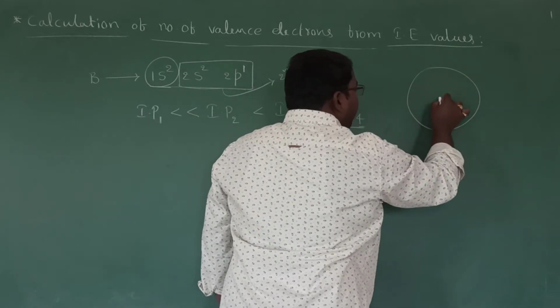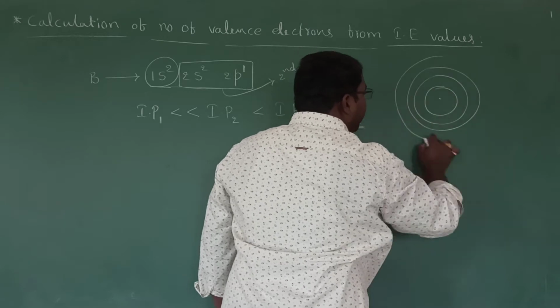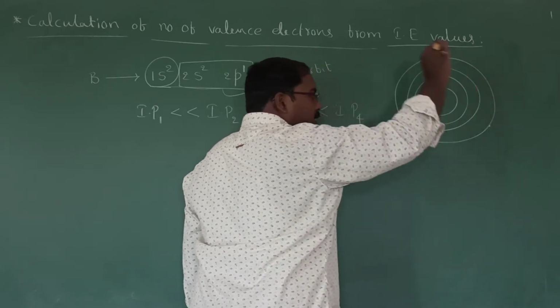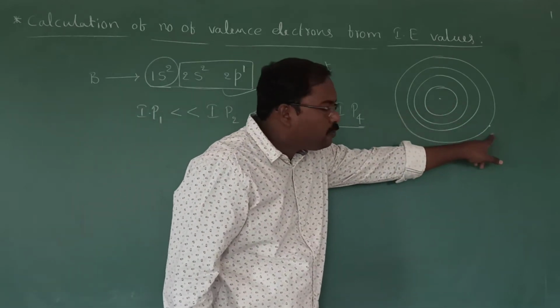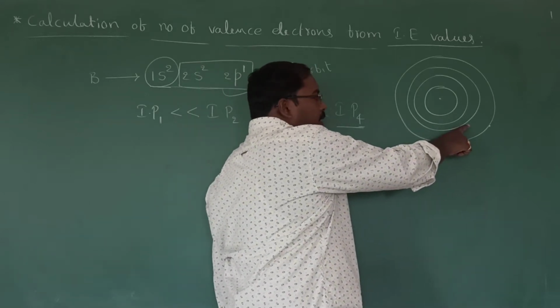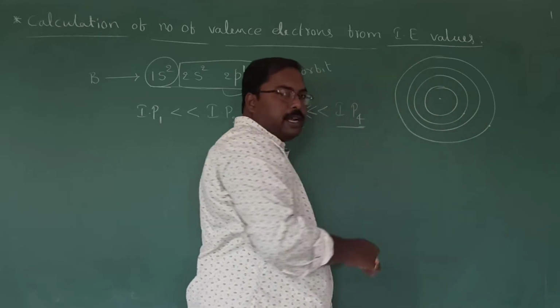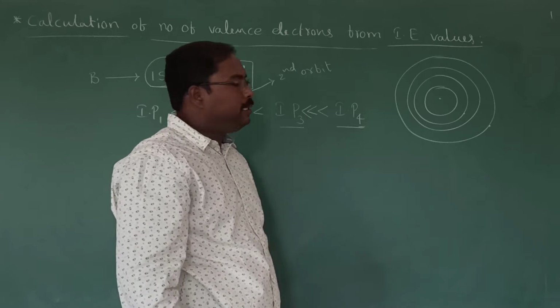In any element, it is easy to remove the outermost electron because the effect of the nucleus on it is less. Removing from an inner orbital is even more difficult, requiring a very high amount of energy.